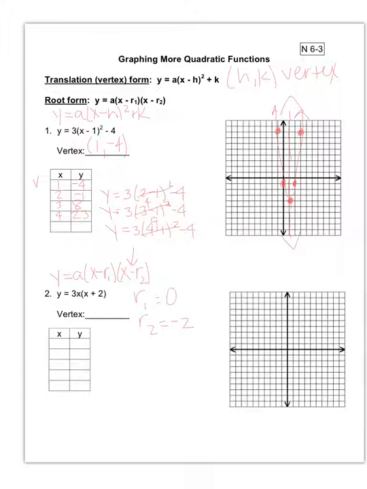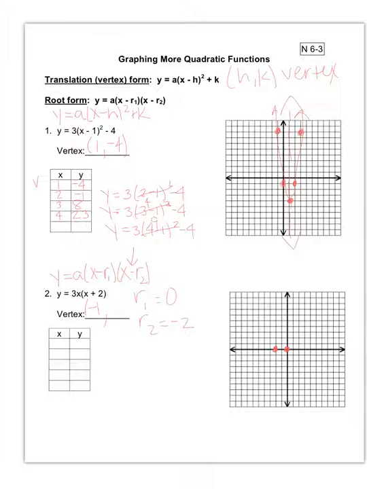Okay, so remember we talked about on root form, we're going to plot the two roots, which are your x-intercepts. So 0 and negative 2. All right, so then remember I told you that your vertex is in the middle of those, because the vertex is in the middle of your parabola. Okay, so our x value of the vertex would be in the middle, which would be at negative 1.